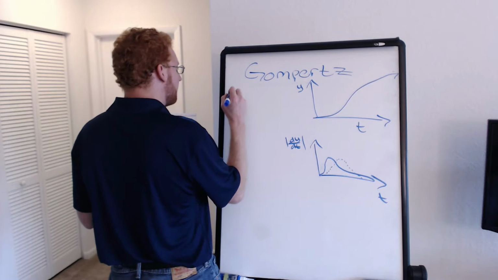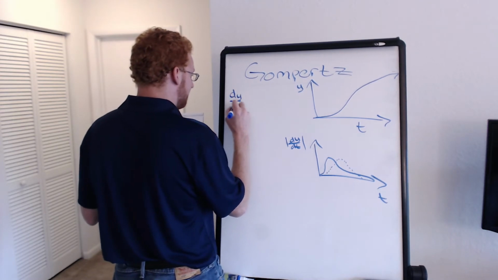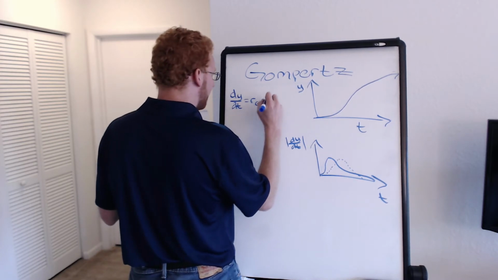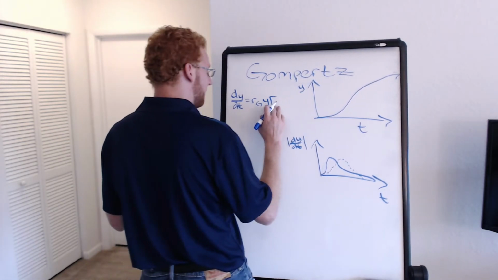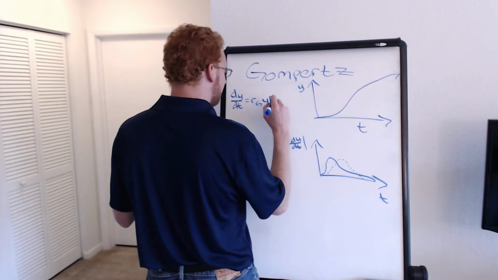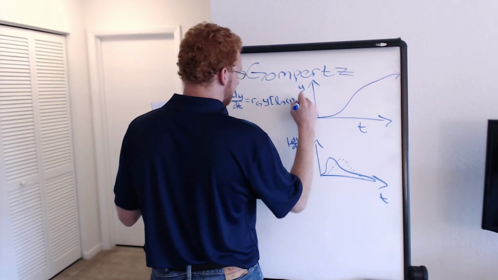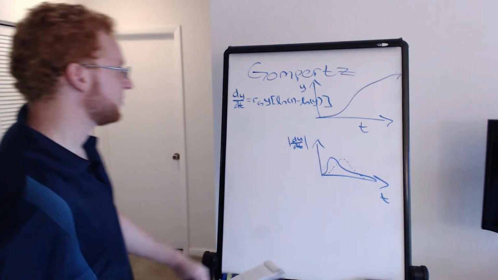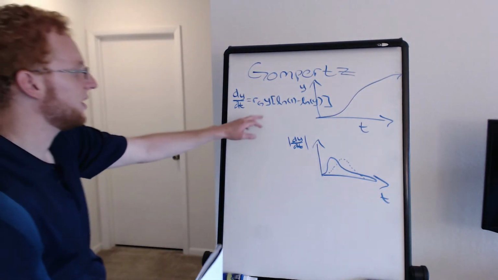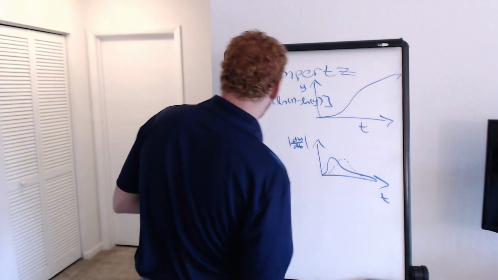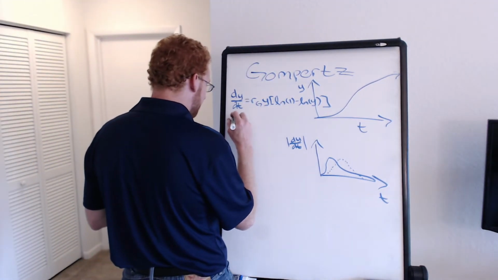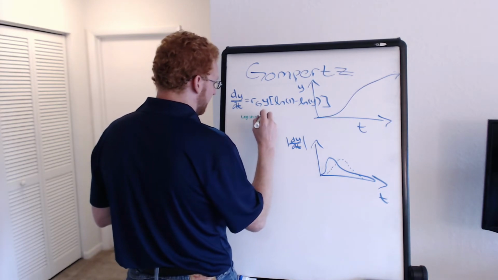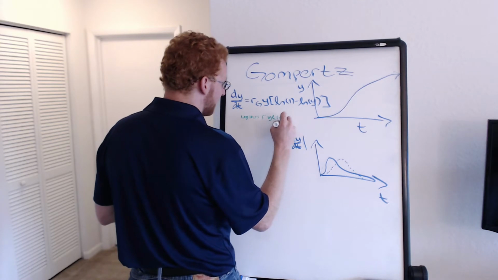Then we write dy/dt is equal to the rate of Gompertz times y times, and this is where it gets kind of weird, the natural log of 1 minus the natural log of y. So it's a very similar setup to the logistic. In the logistic, it's the rate parameter times y times (1 minus y).